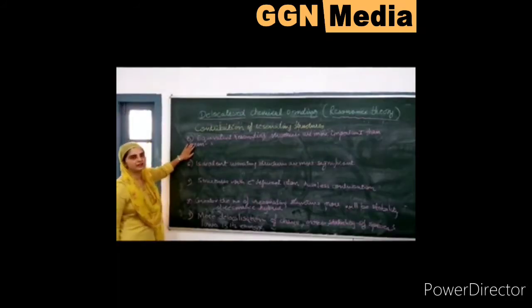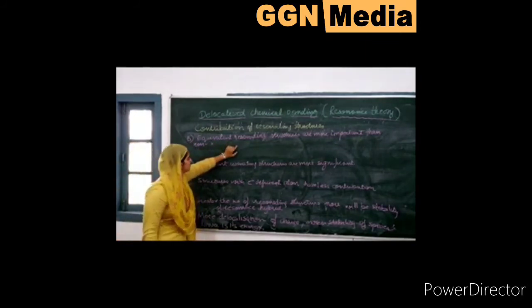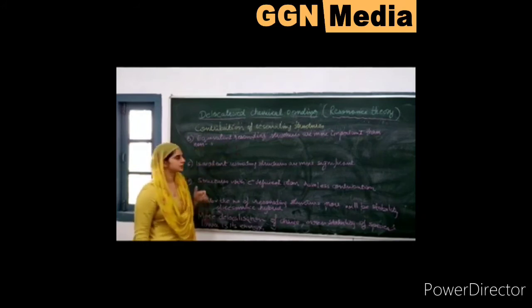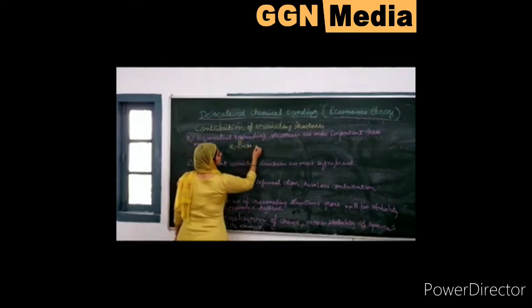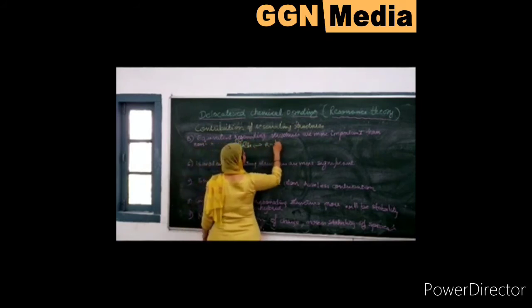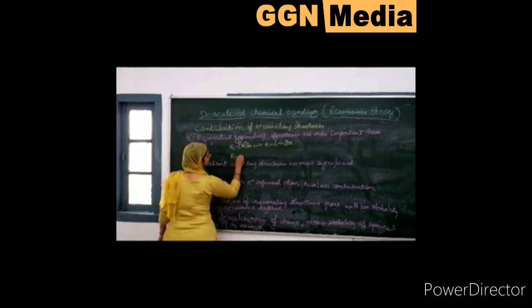Fifth point of the empirical rules is equivalent resonating structures are more important than non-equivalent ones. So taking the example of carboxylic acid, and I will write this resonating structure. And if we remove this hydrogen atom, we will get the carboxylate ion.